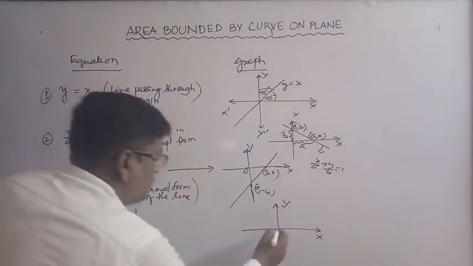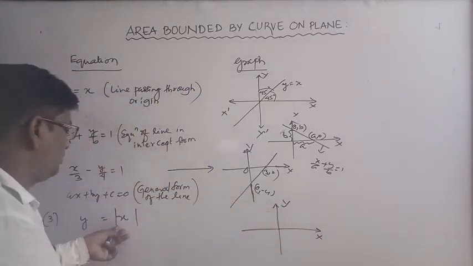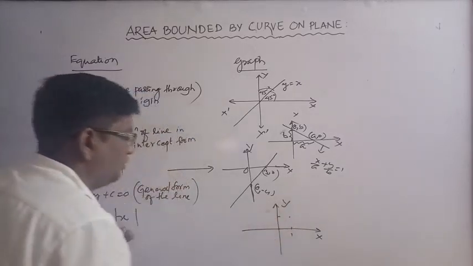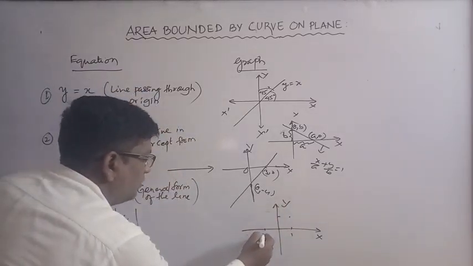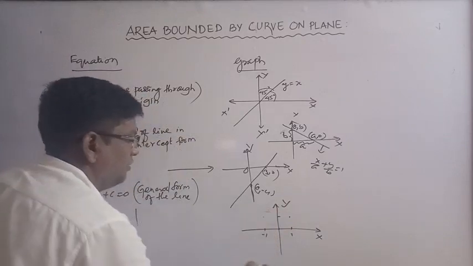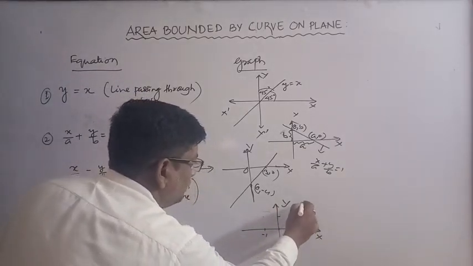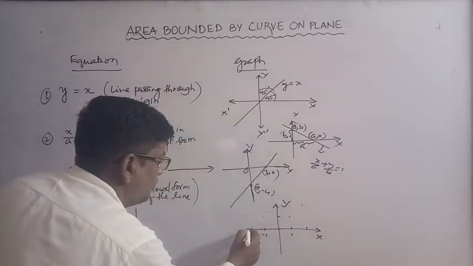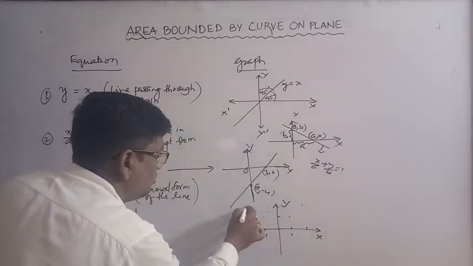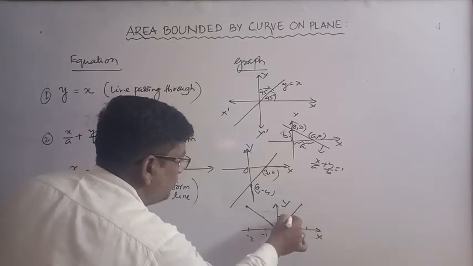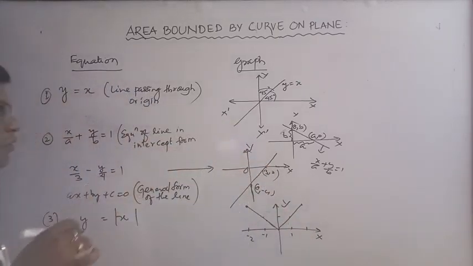If x is equal to 0, then y is 0; x is equal to 1, y is equal to 1; x is equal to minus 1, y is equal to 1; x is equal to 2, y equal to 2; x is equal to minus 2, y equal to 2. So the graph is a V shape at the origin. This is the graph of y equal to mod x.